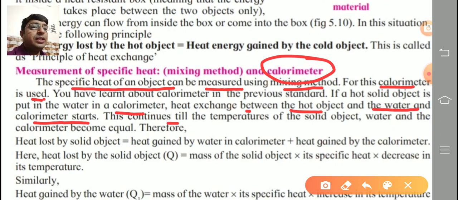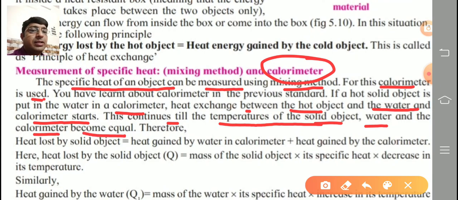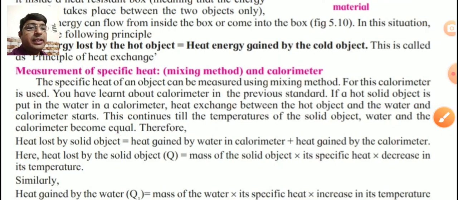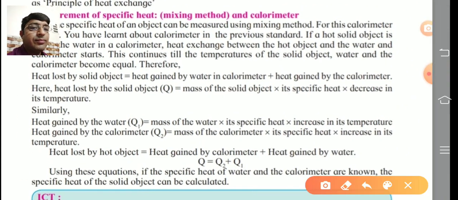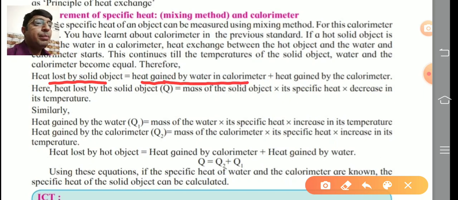This continues till the temperature of the solid object, water and calorimeter becomes equal. Therefore, we get the formulas here. Now check. Heat lost by the solid object is equal to heat gained by the water in the calorimeter plus heat gained by the calorimeter. The calorimeter is a vessel made up of copper, and in that calorimeter water is present.